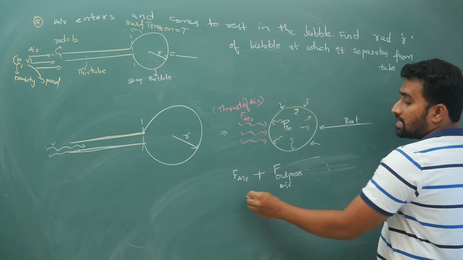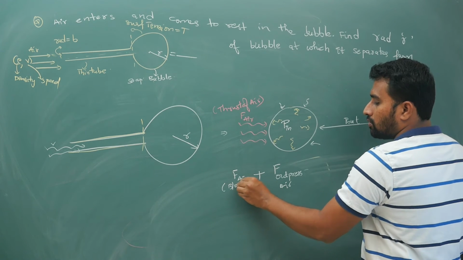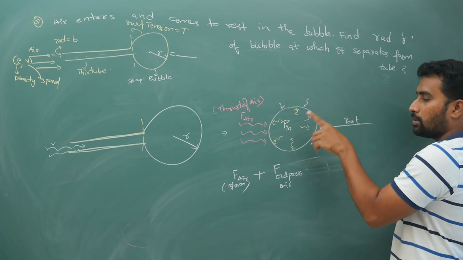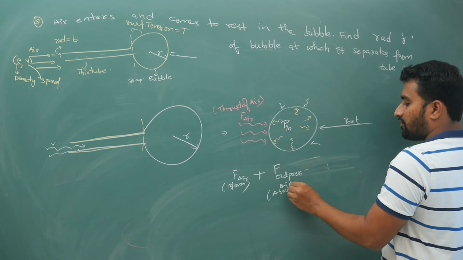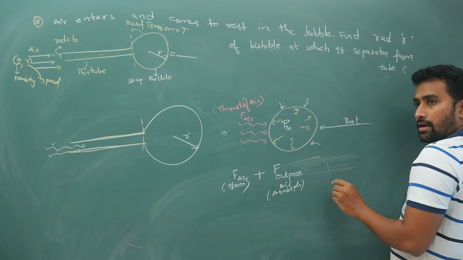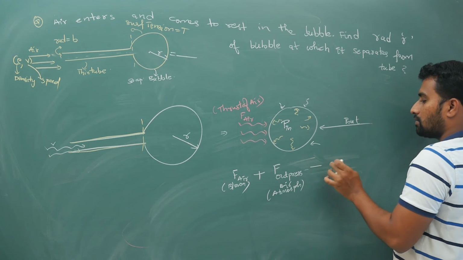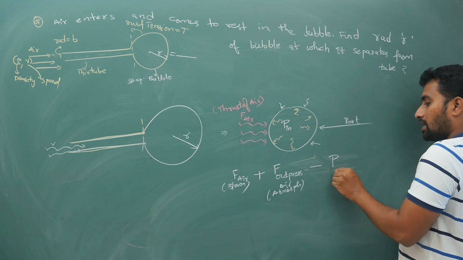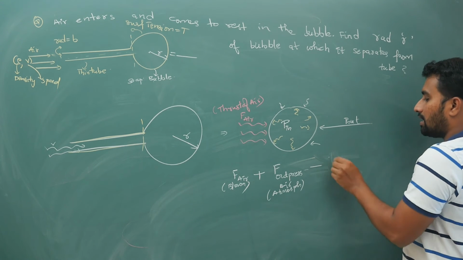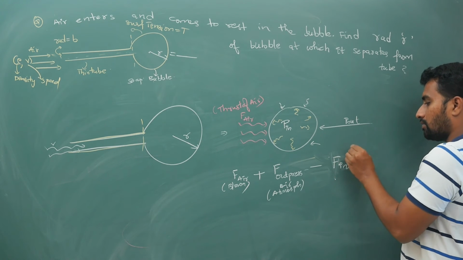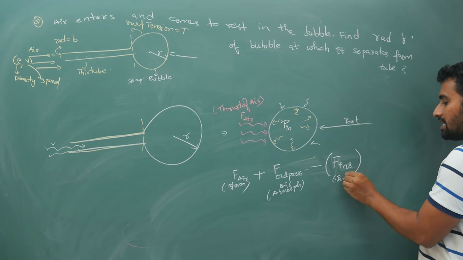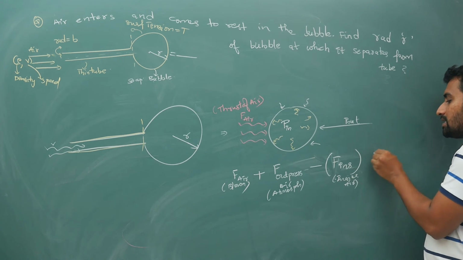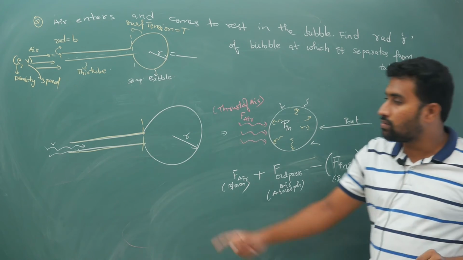This is blown air, which will cause some force on this bubble, and the atmosphere will cause some force on this. Then minus the force from inside because of the pressure of the inside air. At equilibrium, this will be equal to 0 when it is about to leave this tube.